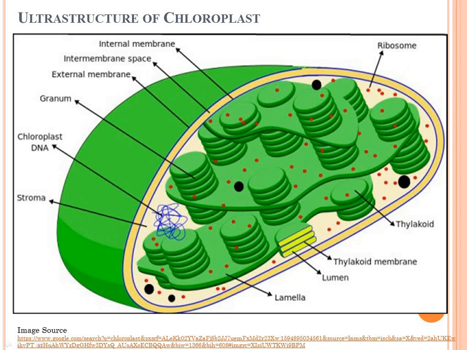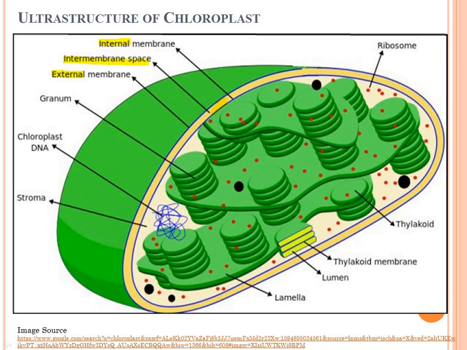Actually, chloroplast is made up of two membranes, the outer membrane and the inner membrane, also known as the external membrane and the internal membrane. The space between these two membranes is known as the intermembrane space.